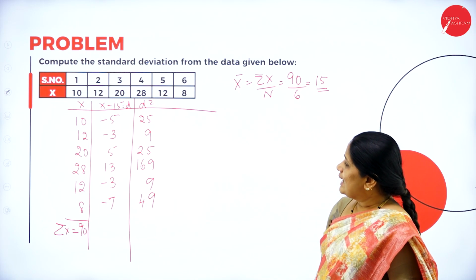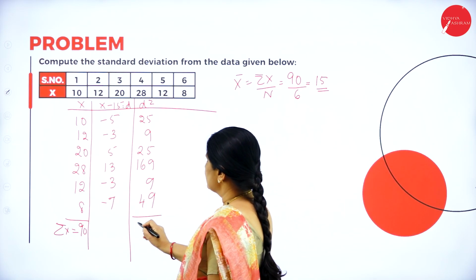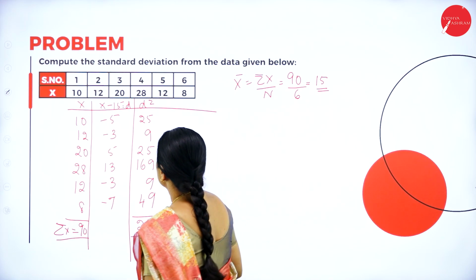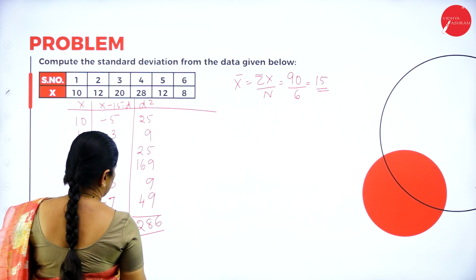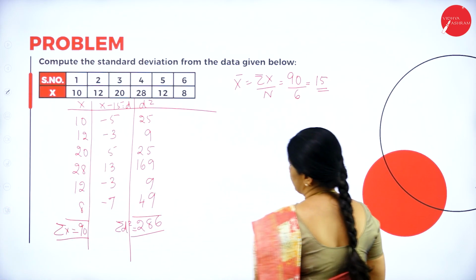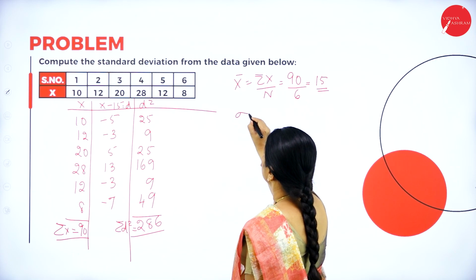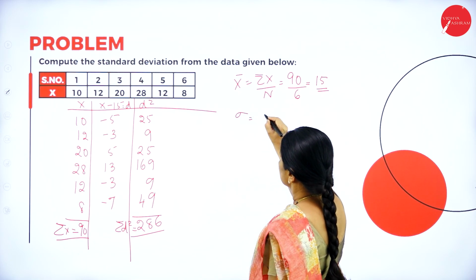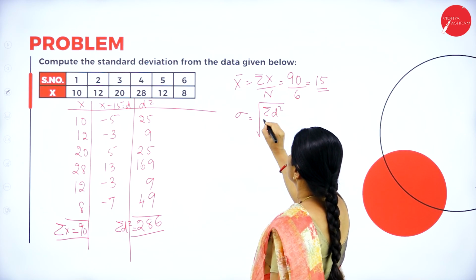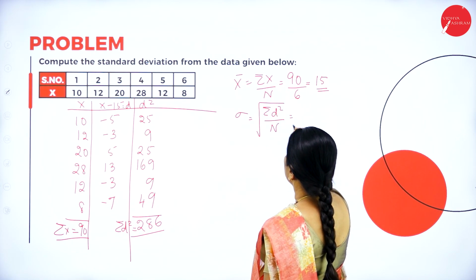When you add all this, we get the answer 286. So sigma d square equals 286. Now I have the formula for standard deviation: root of sigma d square divided by n.